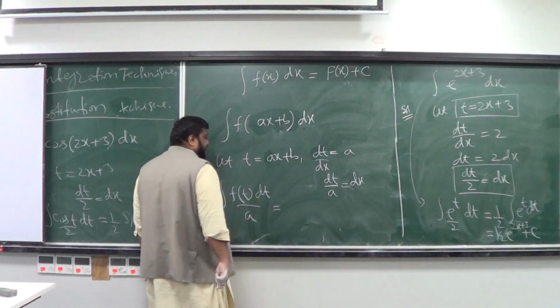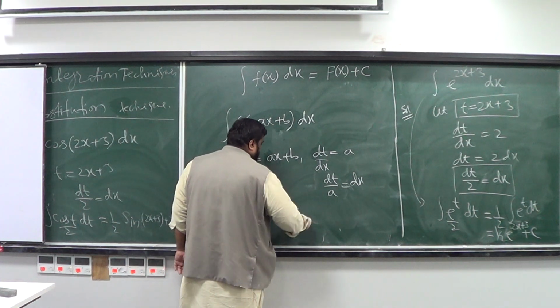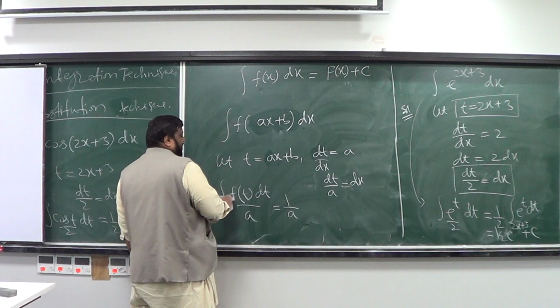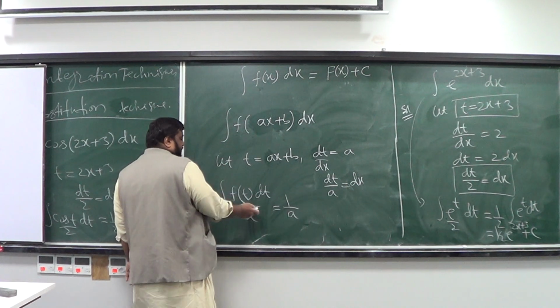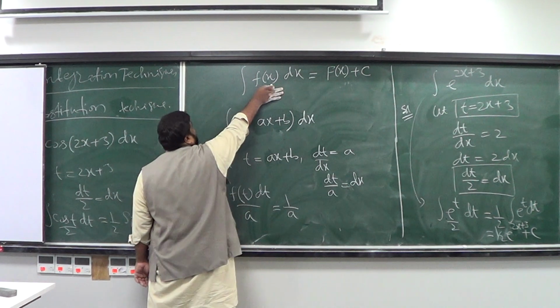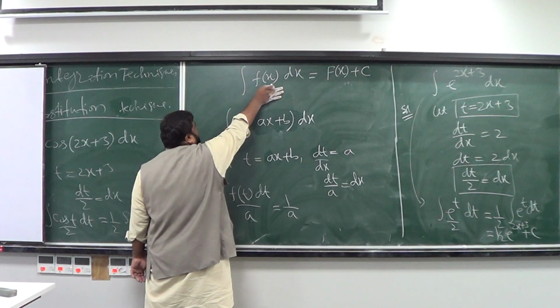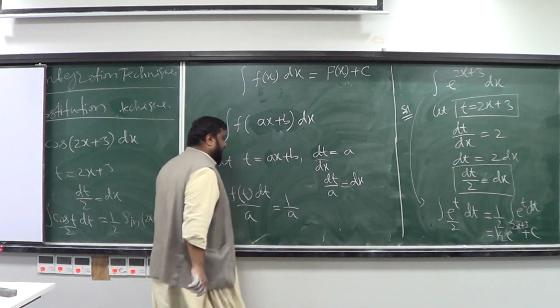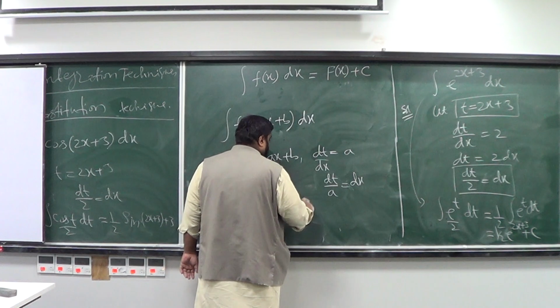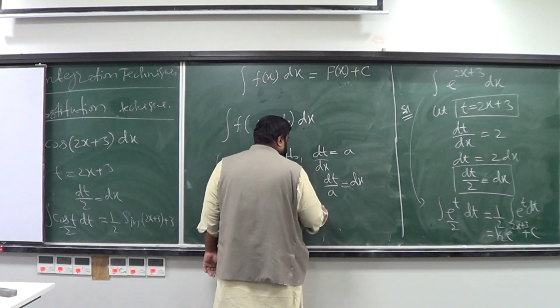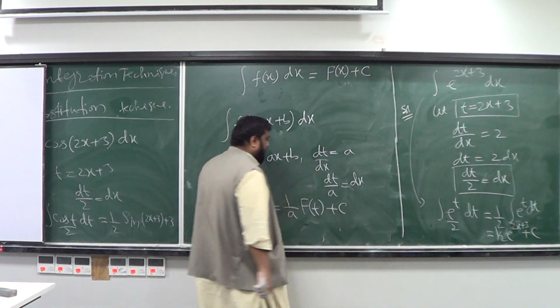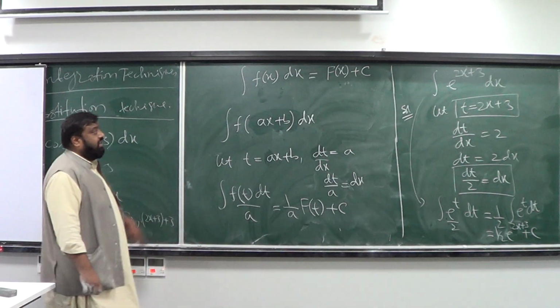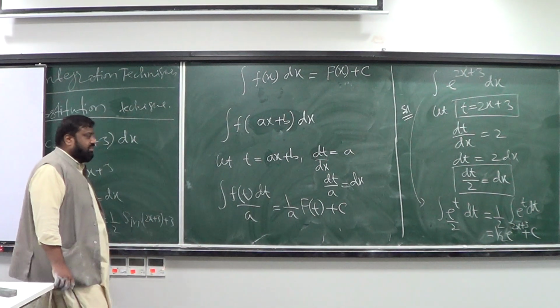So what would be the integral of it? Pull out this 1 over a. On this form I can apply the antiderivative formula. It's going to be 1 over a times capital F of t plus c, where capital F is the antiderivative of small f.